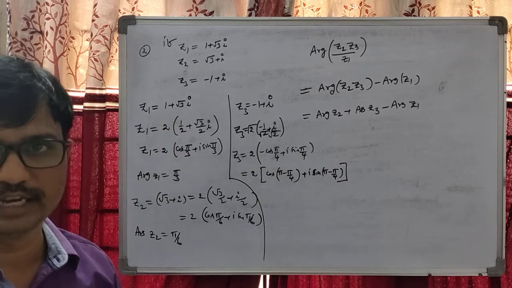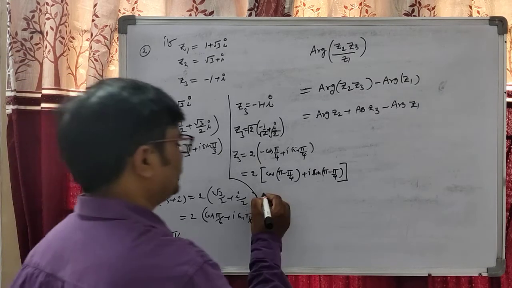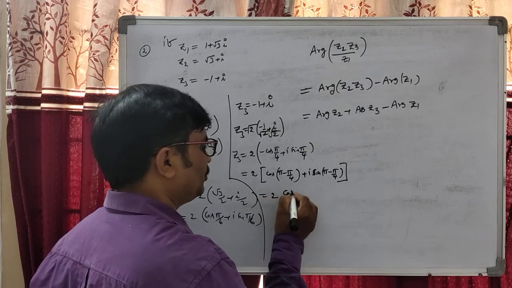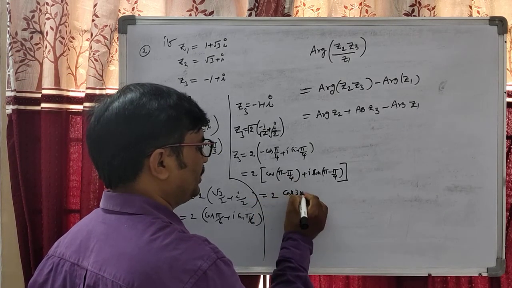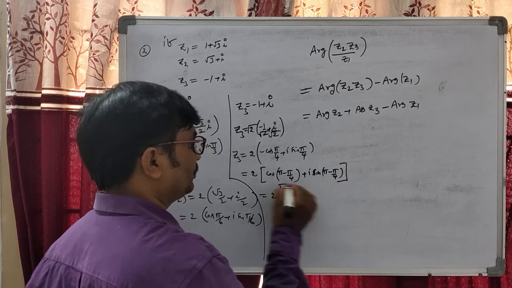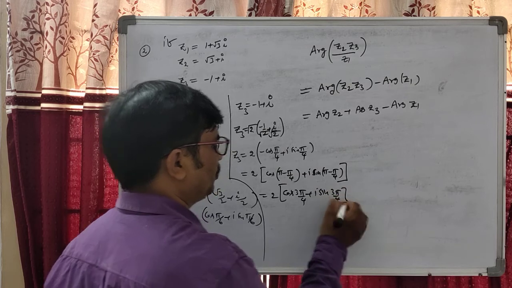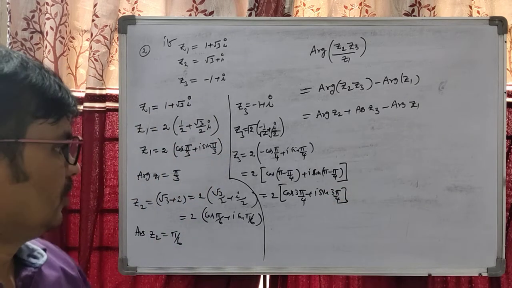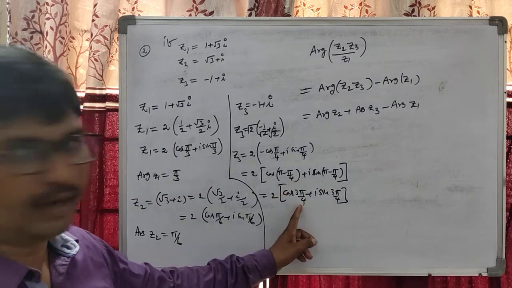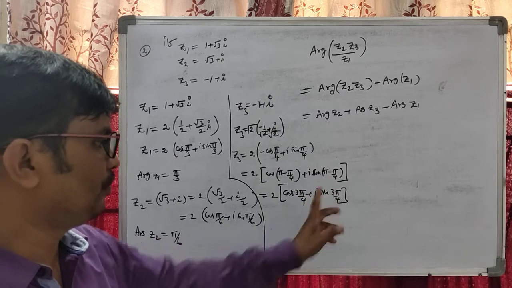In the second quadrant, sin is positive. So this is root 2 into cos of pi minus pi by 4, that is 3 pi by 4, plus i sin 3 pi by 4. Pi minus pi by 4 is 3 pi by 4.